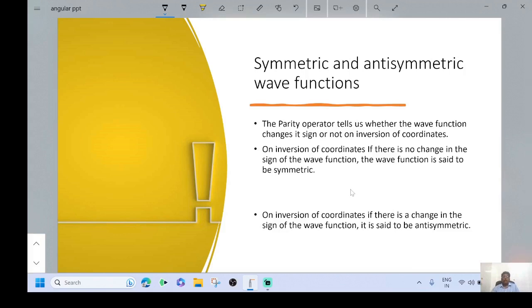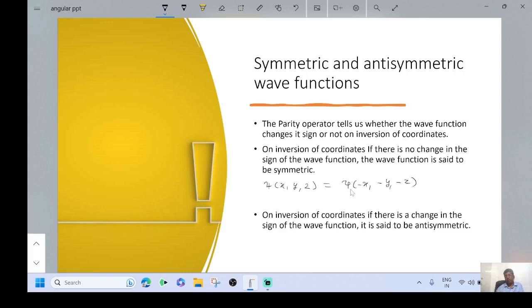What are symmetric and antisymmetric wave functions? The parity operator tells us whether the wave function changes its sign or not on inversion of coordinates. On inversion of coordinates, if there is no change in the sign of the wave function, it is said to be symmetric. Suppose if you invert the coordinates, psi of x, y, z is equal to psi of minus x, minus y, and minus z.